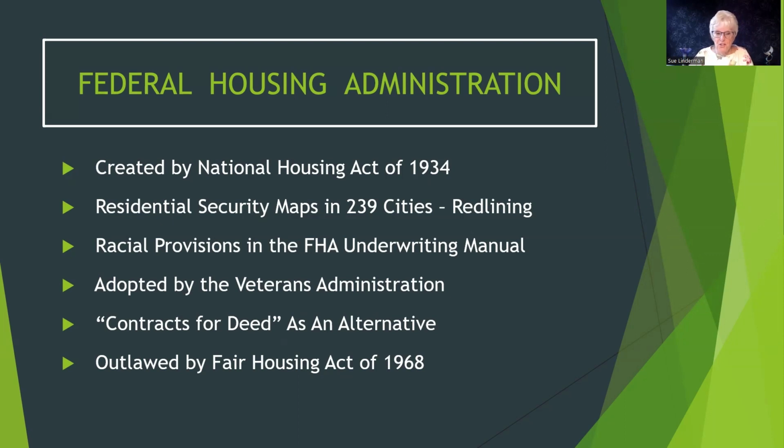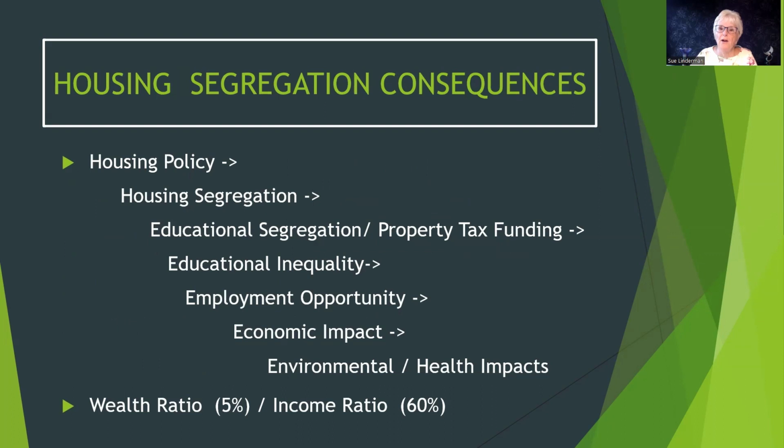And so this intentionally discriminatory housing policy perpetuated and intensified housing segregation. And that in turn led naturally to educational segregation, where even the quality of the educational institutions was impacted, because in many jurisdictions, educational funding came from property taxes.